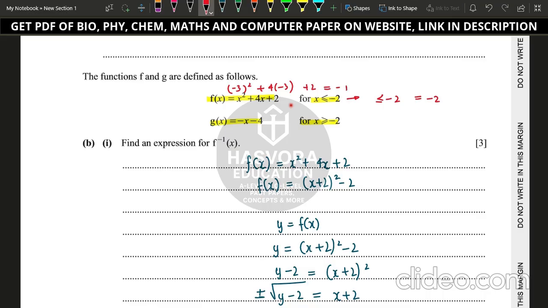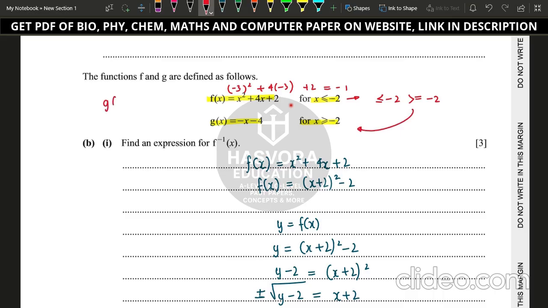So what you can see is it is giving you a range of more than or equal to minus 2, if you start from minus 2 and then go to minus 3, minus 4 like that. And what is the range of your g of x function? It is more than minus 2, so it is completely satisfying the domain of the outer function.